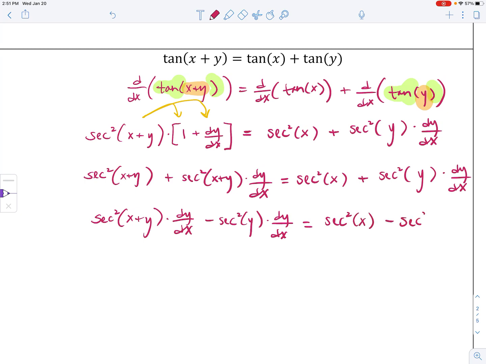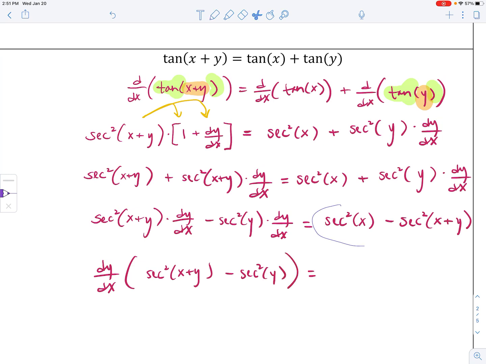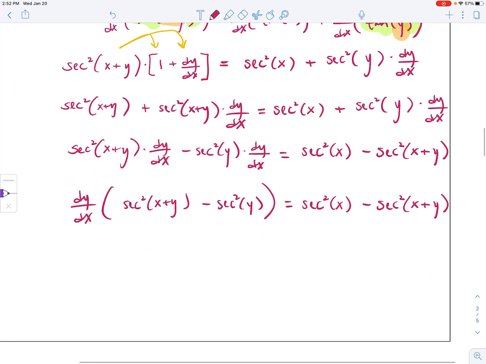And again, if you're able to factor out the dy over dx in this step, go for it. Factoring the dy over dx out. I'm going to use copy and paste just to cut down on the video time.